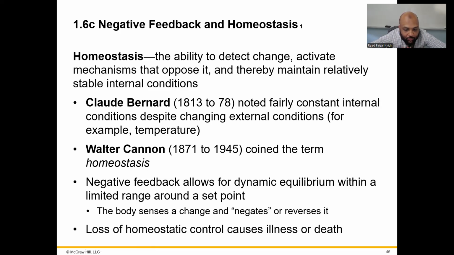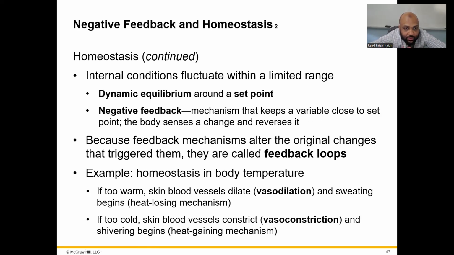There is a loss of homeostatic control that causes illness or death. Homeostasis is internal conditions. In homeostasis, internal conditions fluctuate within a limited range. There's dynamic equilibrium around a set point.